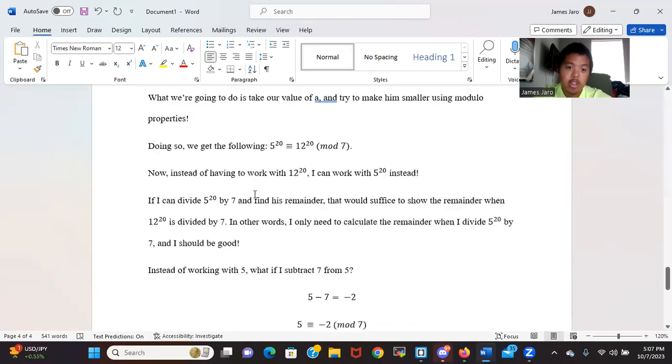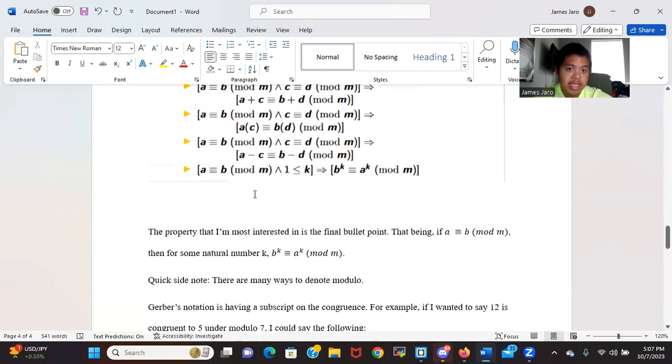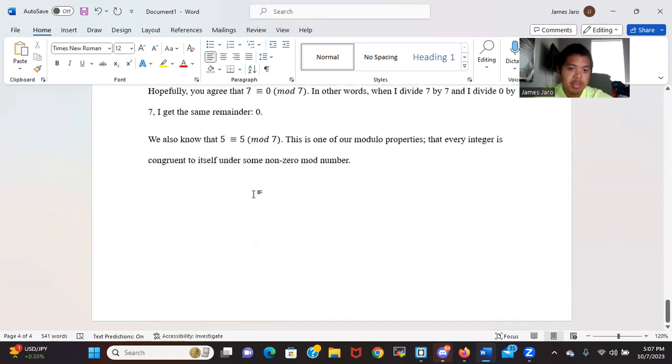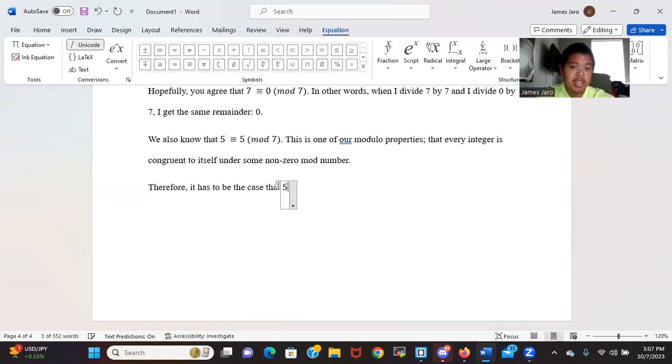So we know that 7 is congruent to 0 mod 7, and 5 is congruent to 5 mod 7. Since we know that, it has to be the case that 5 minus 7 is congruent to 5 minus 0 mod 7.